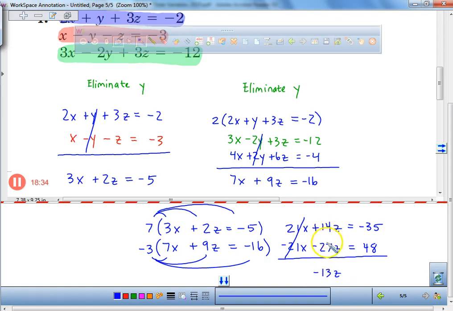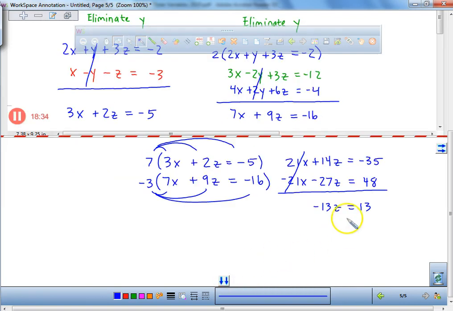Now 14 minus 27 is -13. And 48 minus 35, if you add those together, you get a positive 13. What are we going to do to both sides? Divide both sides by -13, and z equals -1. Everybody got that? Z equals a -1.